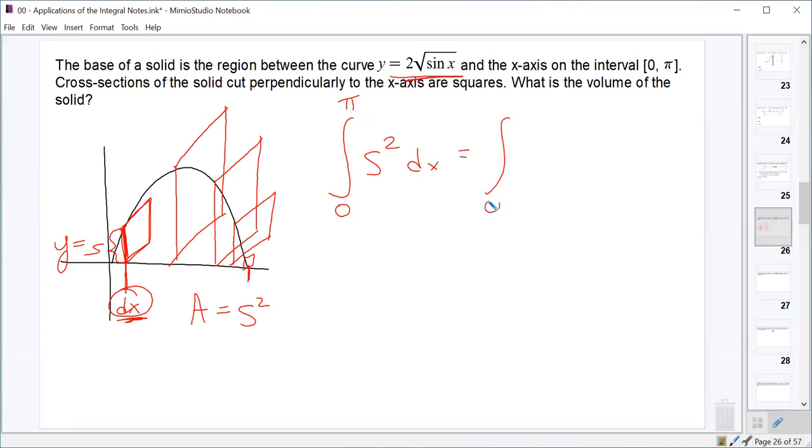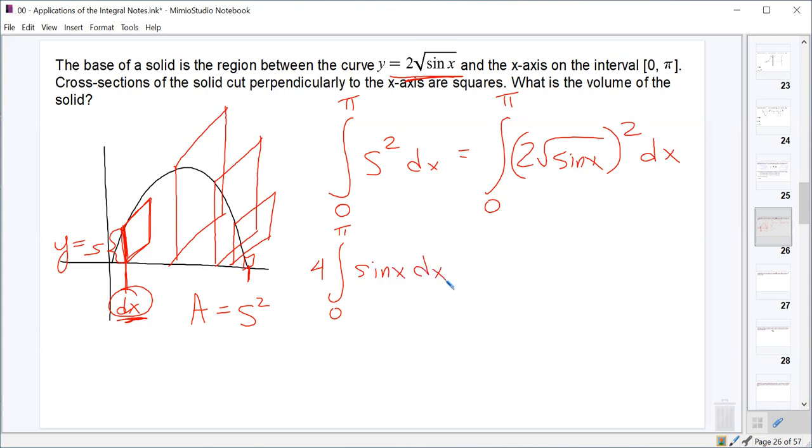So we're going to turn this into an integral from 0 to pi of (2 root sine x) squared dx, or effectively 4 sine x. I'll pull the 4 outside the integral, so we'll do 4 times the integral from 0 to pi of sine x dx.